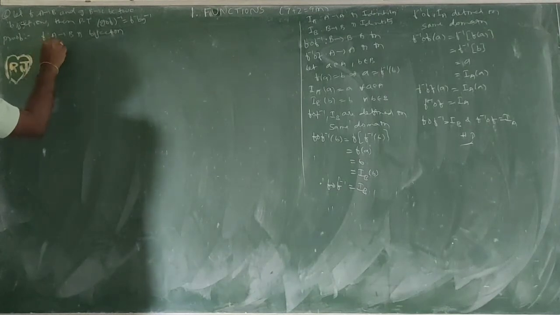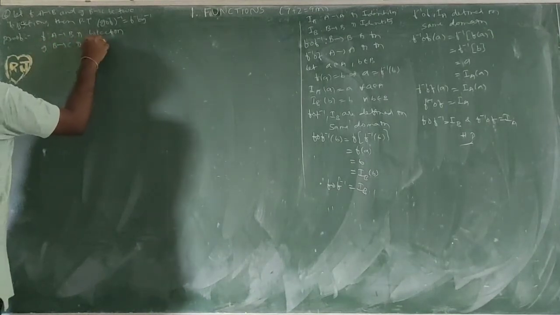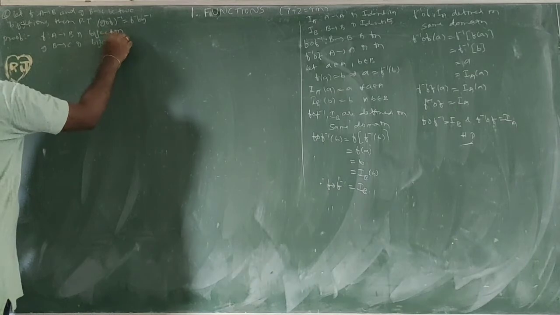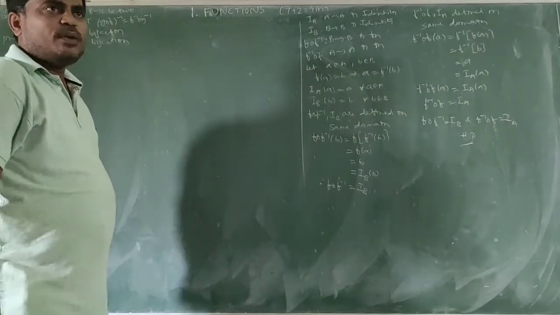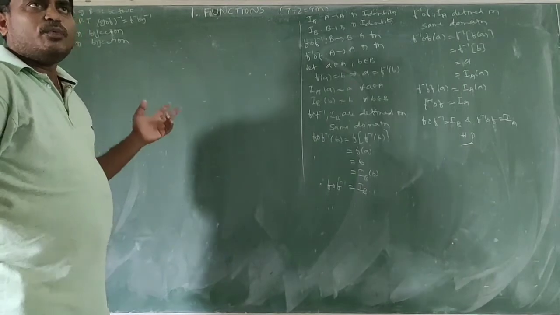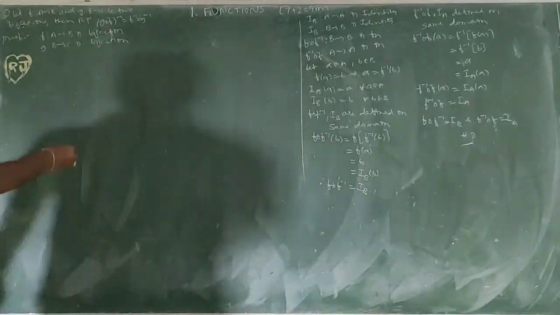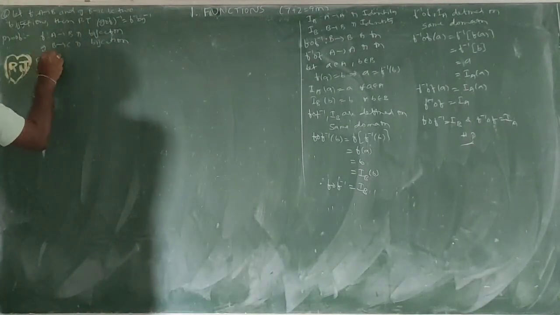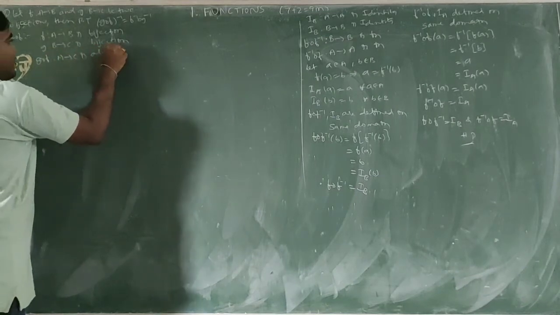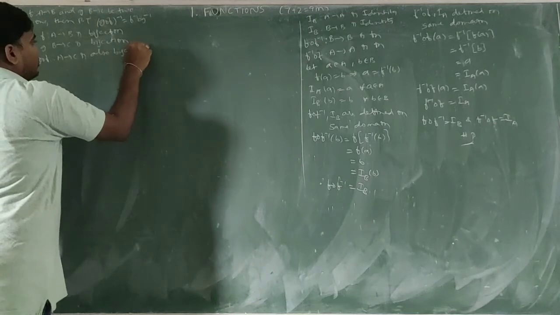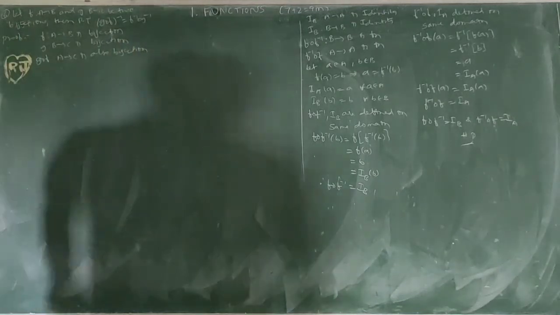G from B to C is also a bijection. So according to the third theorem, if F from A to B and G from B to C are two bijections, the composition of functions is also a bijection. G circle F from A to C is also a bijection.